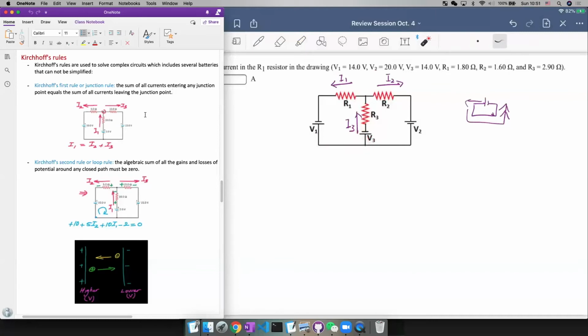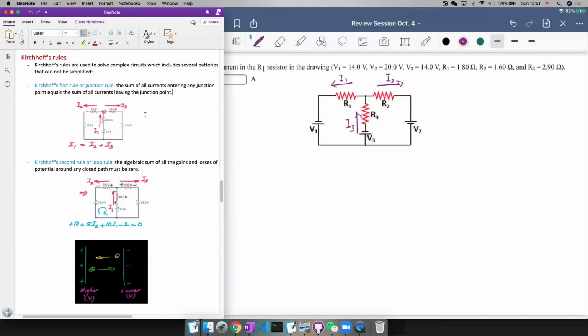So we just take a guess. We guess for R3, the current goes this way, and for R2, it'll probably go this way. All right, this is the guess I have. When we decide the direction of the current, we also decide the electrical potential.